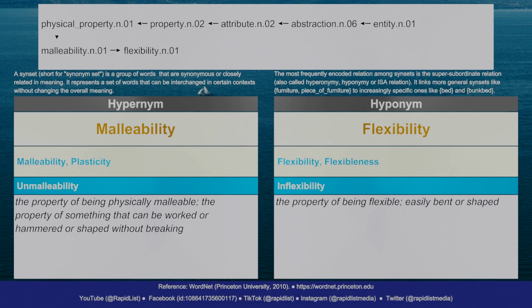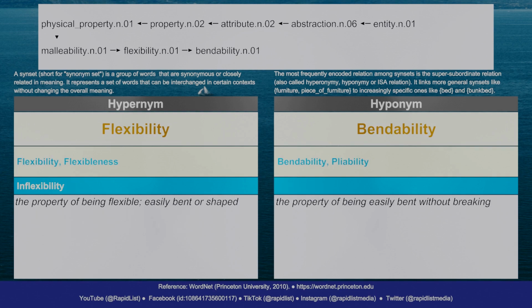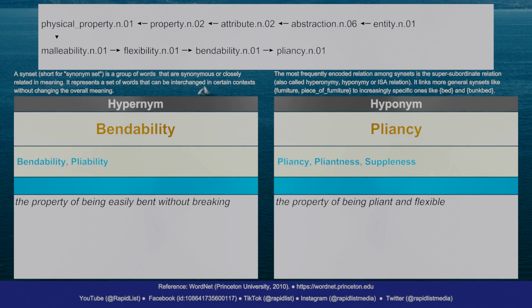Flexibility. The property of being flexible, easily bent or shaped. Bendability. The property of being easily bent without breaking. Pliancy.